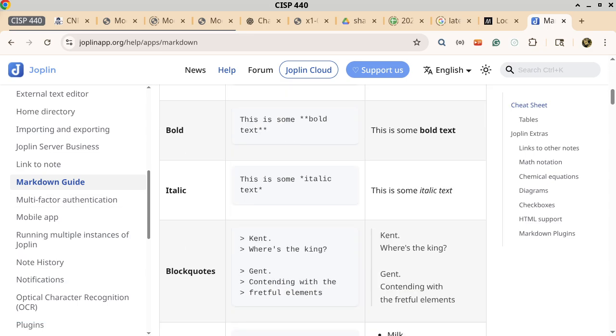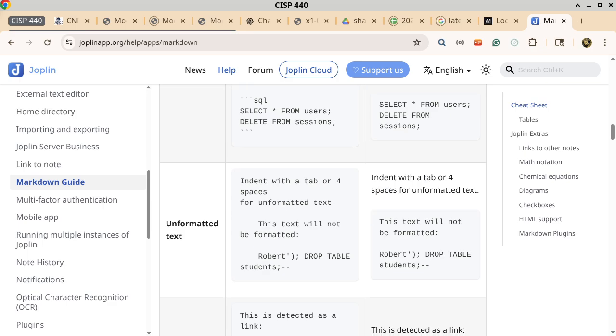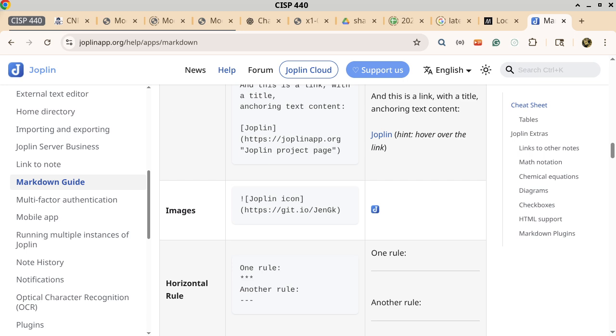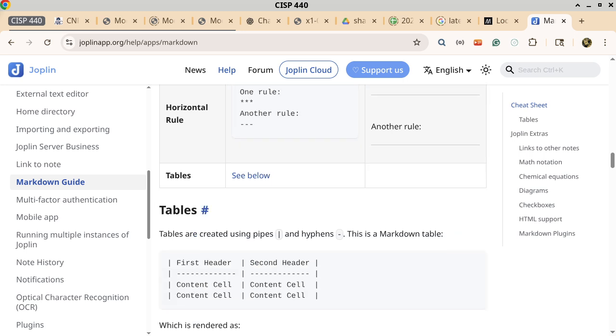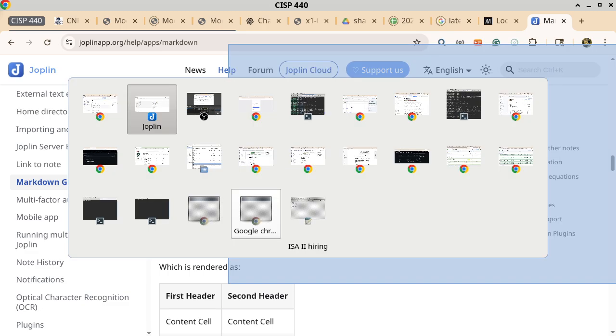So headings, easy, not a problem. Lists, ordered, code block, unformatted text, not a problem. Tables, okay. So it wants to use this kind of a table, and I think I'm following the format. Bar, and then the dashes.